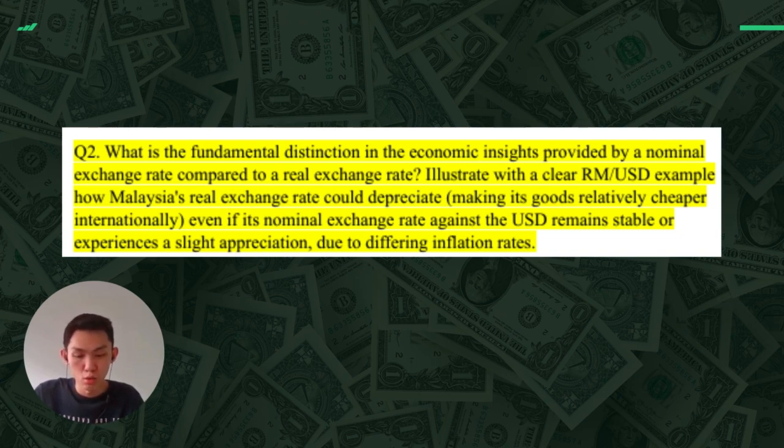Because the real exchange rate is bigger than the nominal exchange rate, it will cause depreciation in real terms. 4.59 is bigger than 4.5. So even though the nominal exchange rate is stable or slightly appreciating at 4.5, the real rate depreciates.